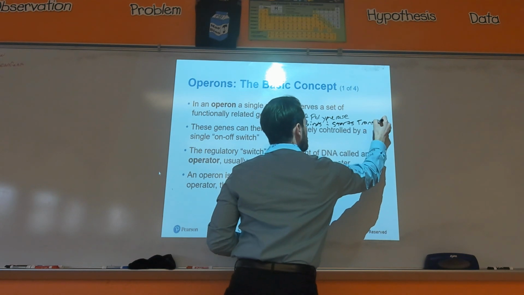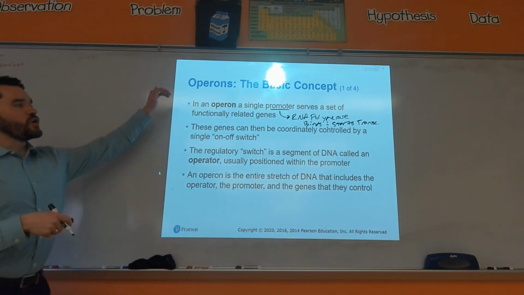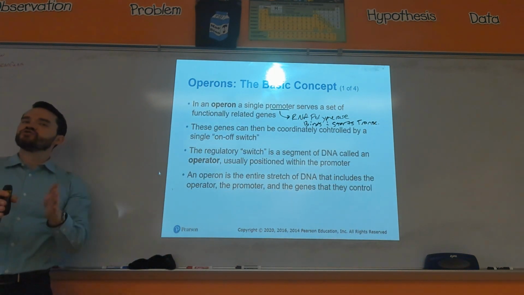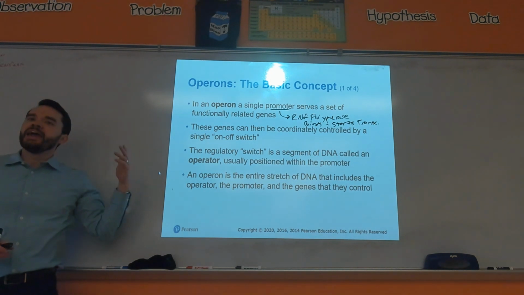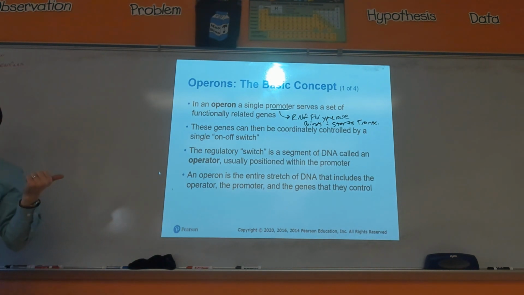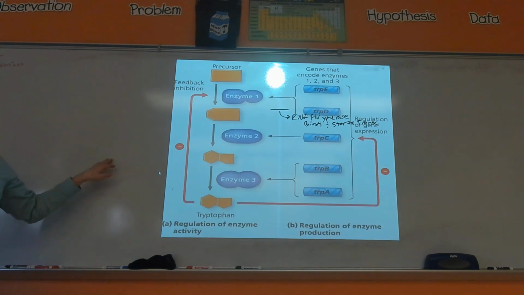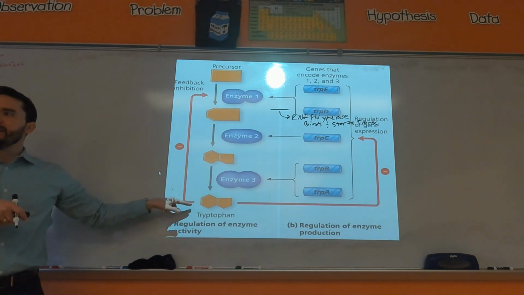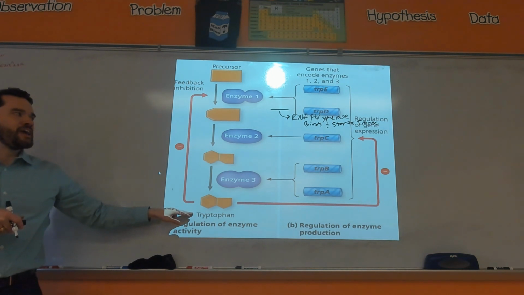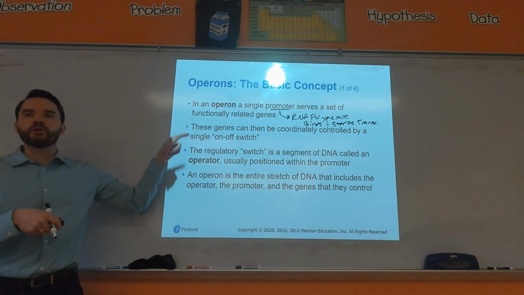So an operon is a bunch of genes controlled by the same promoter. And think about why that makes sense, right? Because if all of these genes are needed to make tryptophan, it would make sense that if I'm going to turn on one gene, I want to turn on all of them.